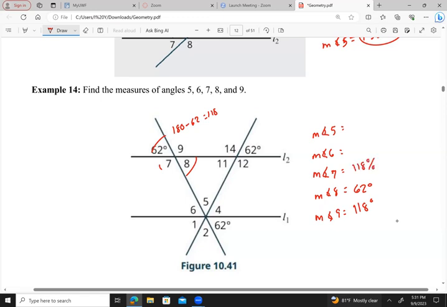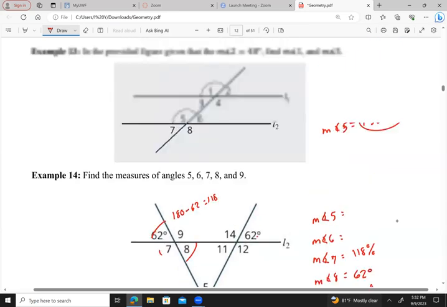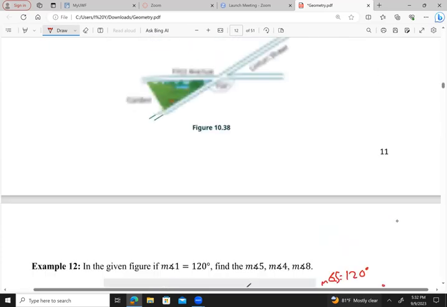Okay, 5 and 6. So I need 5 and 6. Okay, so what do we have going on here? What do we call this?